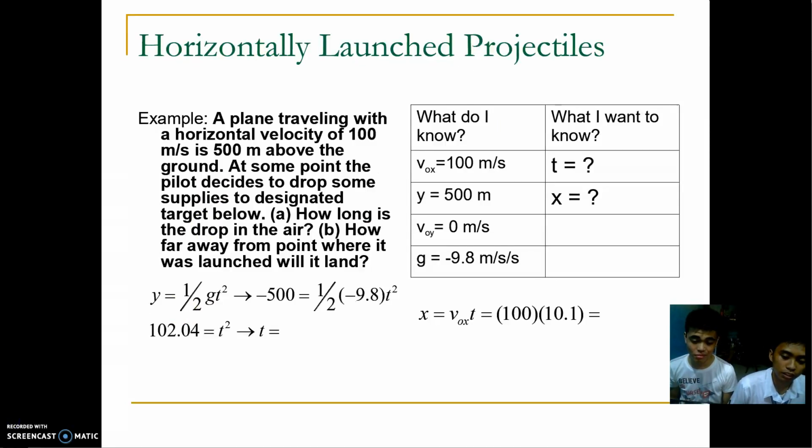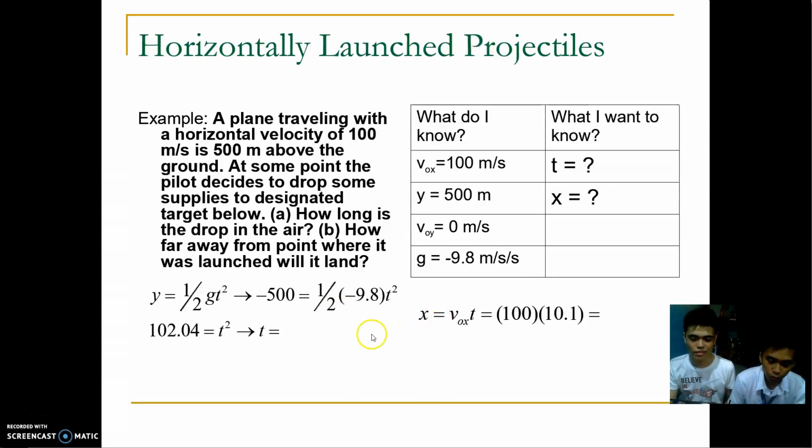Horizontal velocity is equal to 100 meters per second, the distance is equal to 500 meters, the vertical velocity is equal to 0 meters per second, and the gravity is negative 9.8 meters per second squared. So this is what we're going to find. Here is the formula for time. So this is the answer.